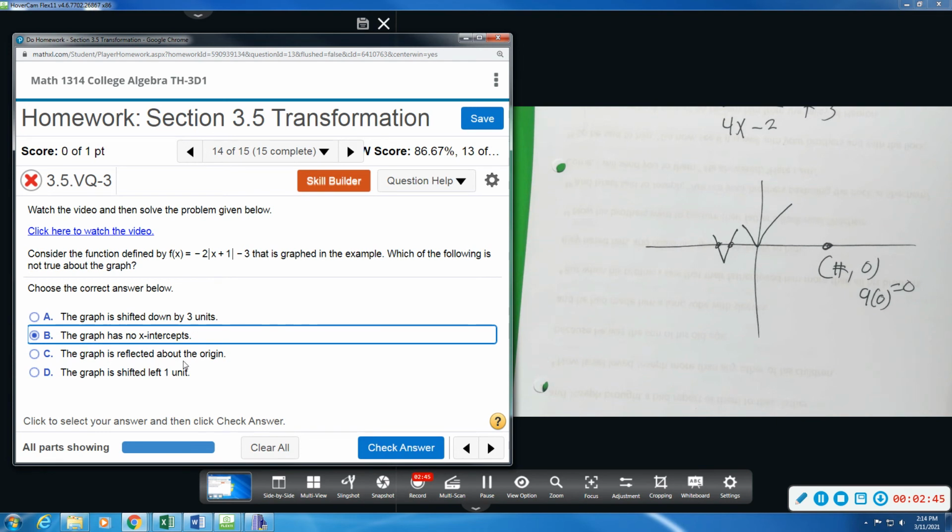This says reflected about the origin. That's not true. And the graph is shifted left once. That is true. So why does it say the graph has no x-intercepts? Are there more than one true?